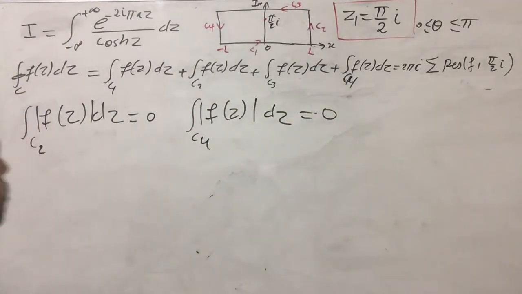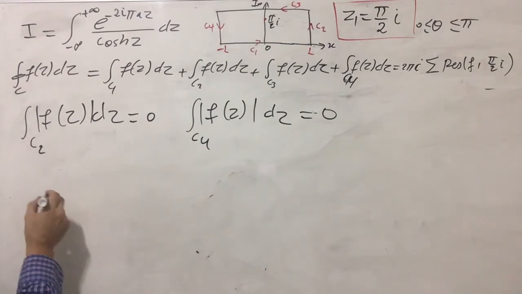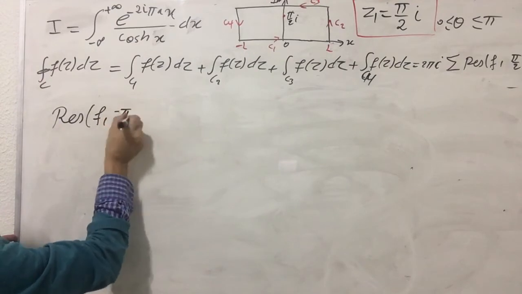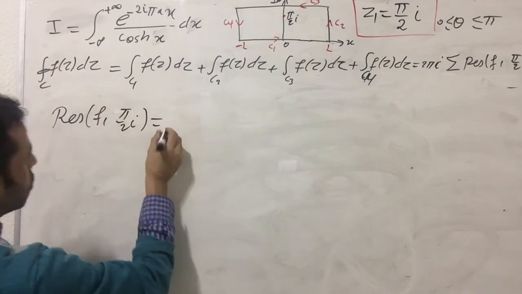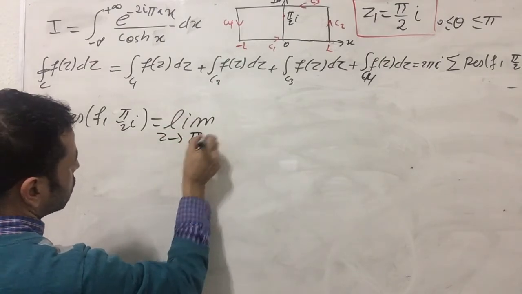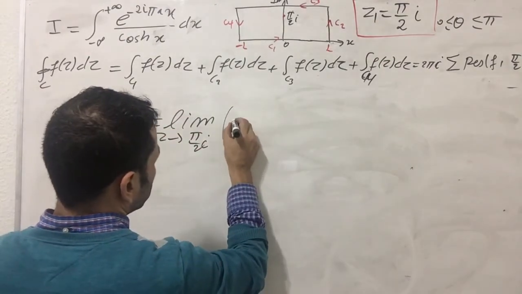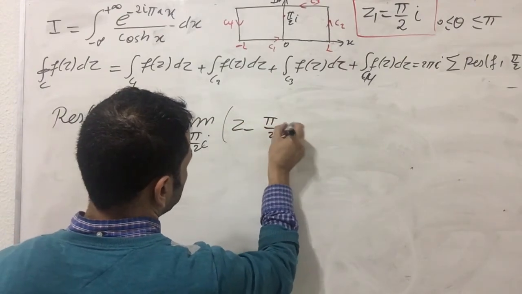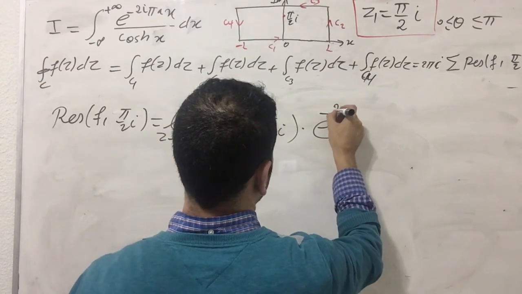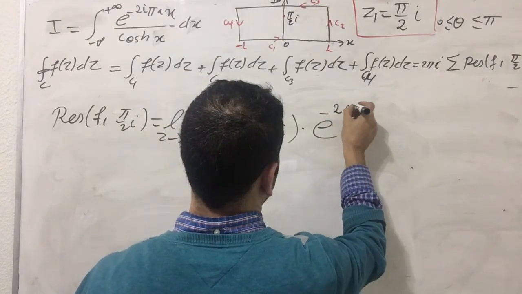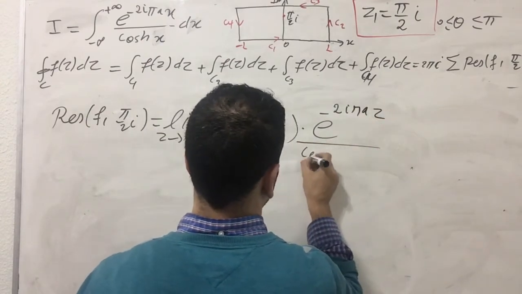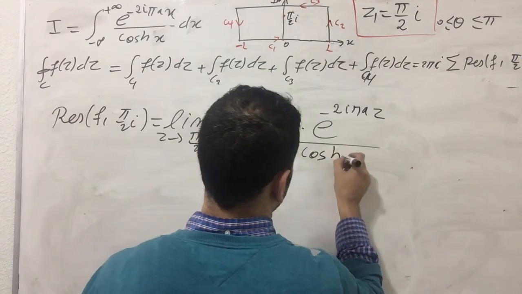So we already calculated the residue of this function at the point pi over 2i, equal to the limit as z approaches pi over 2i of z minus pi over 2i multiplied by minus e to the minus 2i pi a z over cosine hyperbolic function z.